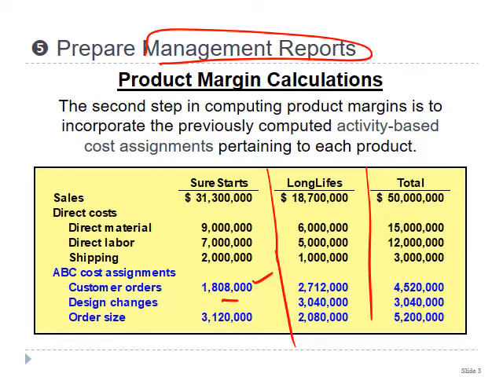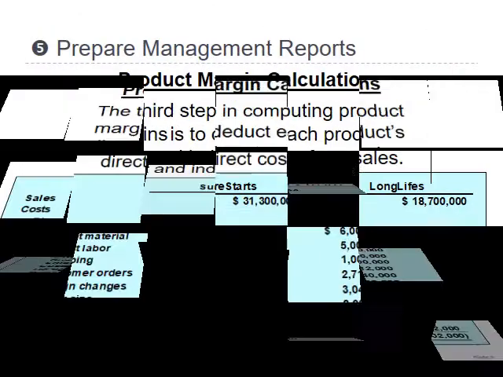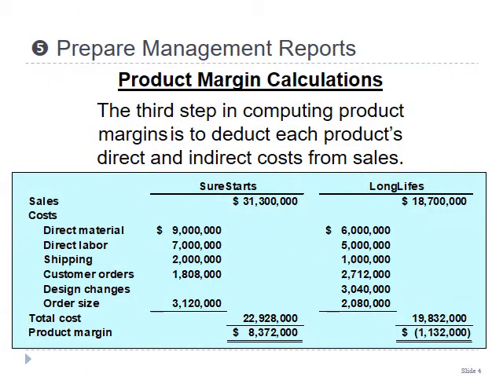For Long Life, we have customer order 2.712 million, design changes 3.04 million, and order size 2.080 million. So we total this amount. Can you find out its margin? Sales minus all the data here, you can find out its margin, right?